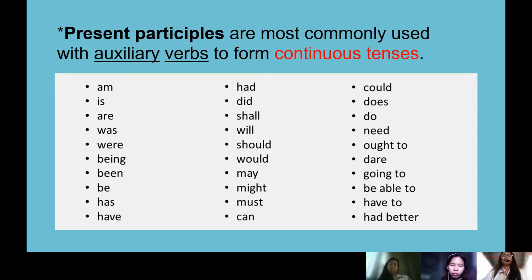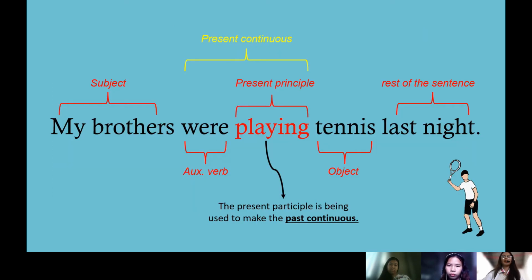Later we are going to talk more about continuous tenses and how they create a sentence. Please familiarize yourself with these auxiliary verbs because it will help you further understand what a present participle is. Okay, example first.